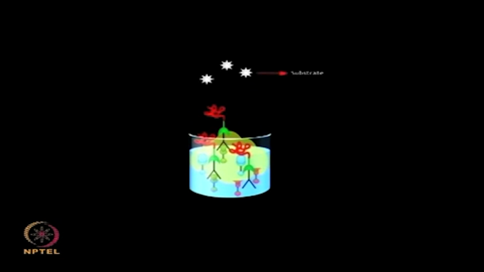The colored reaction was observed on addition of substrate to the enzyme. The authors demonstrated this approach for detection of antibodies to Epstein-Barr virus nuclear antigen 1 or EBNA1 and p53.